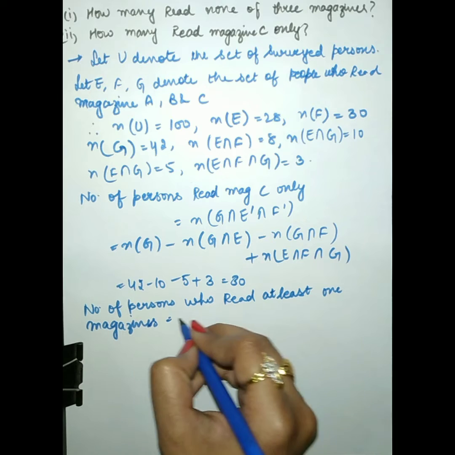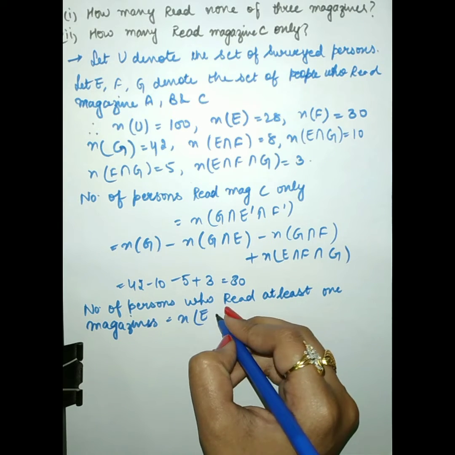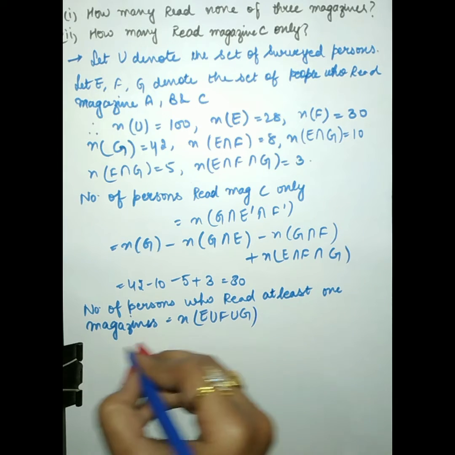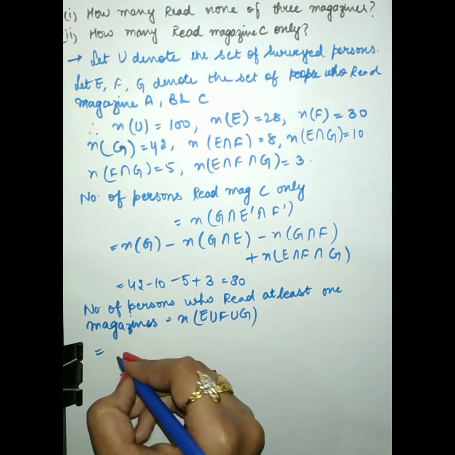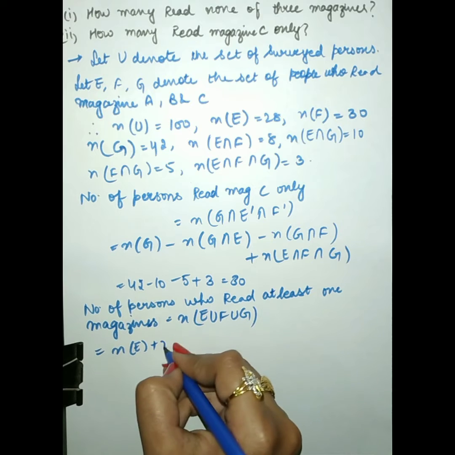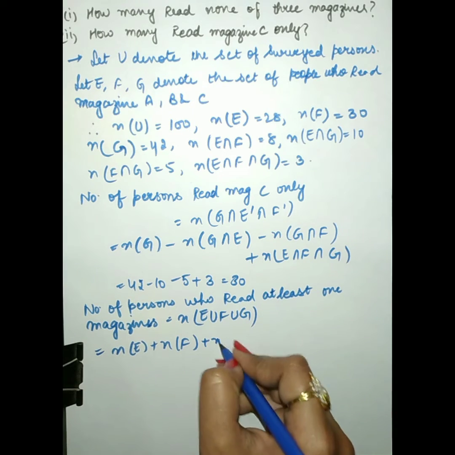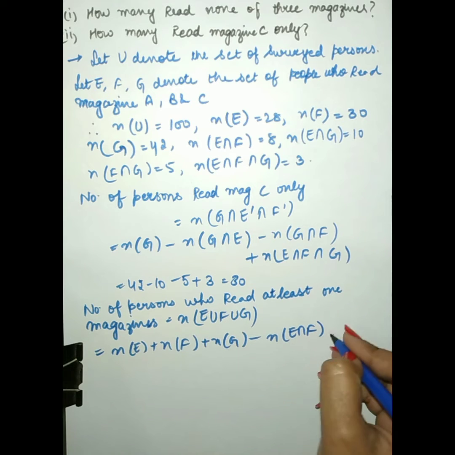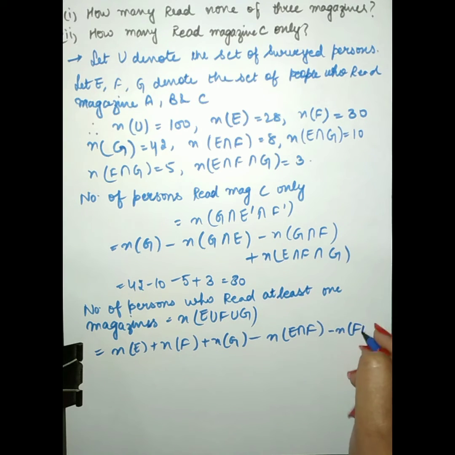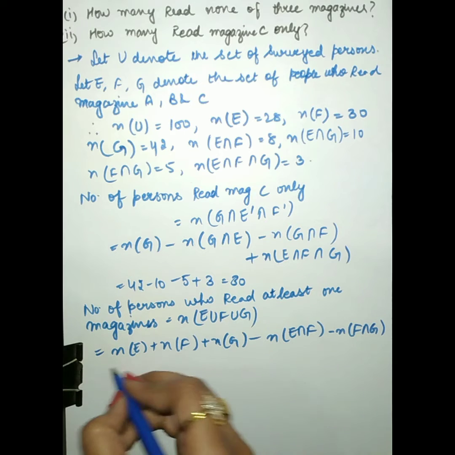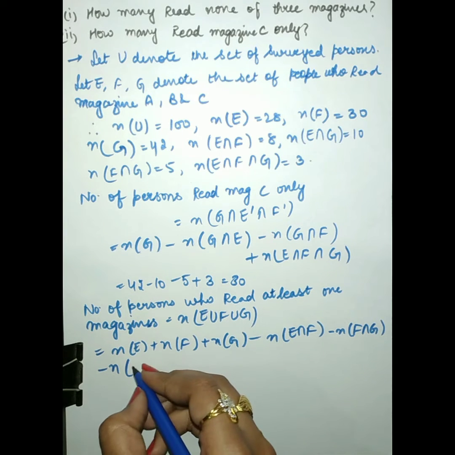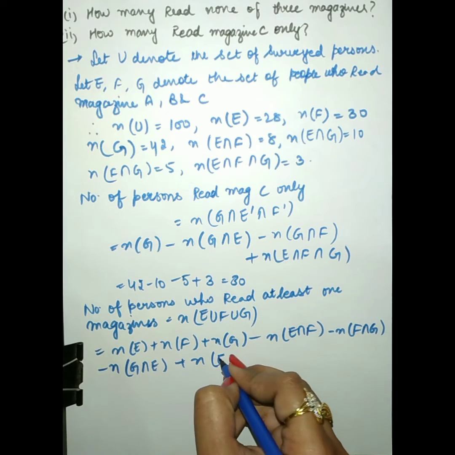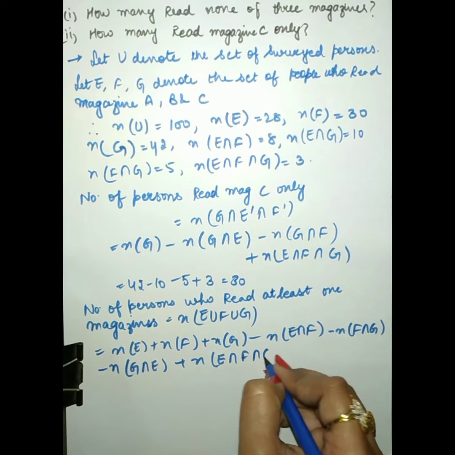That means n(E ∪ F ∪ G) will be equal to, we will apply the formula: n(E) + n(F) + n(G) minus n(E ∩ F) minus n(F ∩ G) minus n(G ∩ E) plus n(E ∩ F ∩ G).